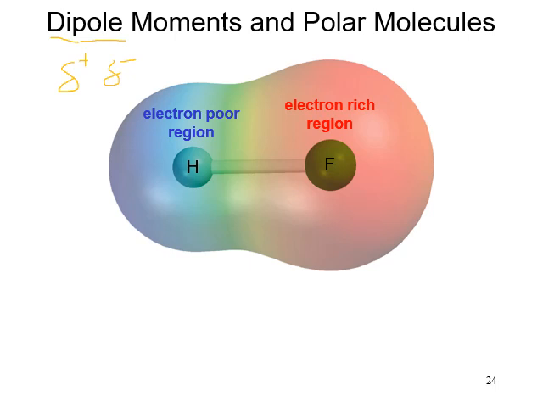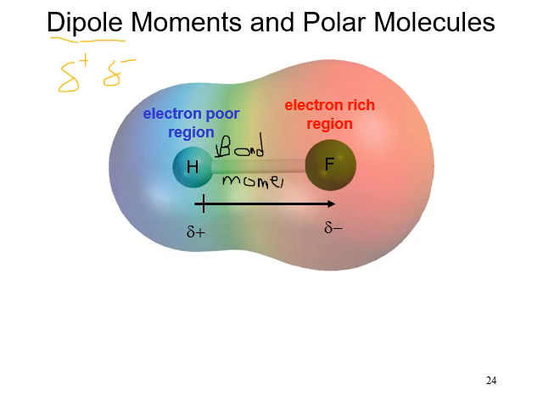So in the example you're seeing here, this is hydrogen fluoride gas, and you have a dipole moment that is also the same as the bond moment. In chapter 9, I had you draw bond moments. A bond moment shows the differences in electronegativities between the atoms.